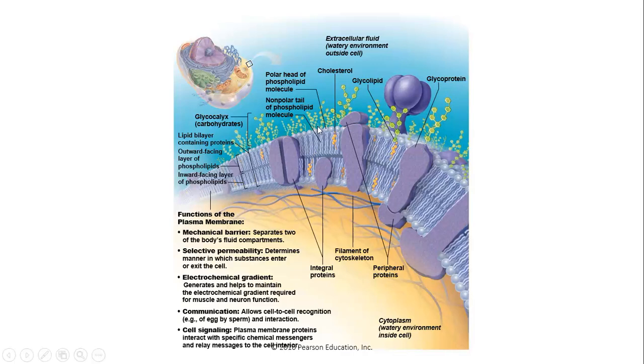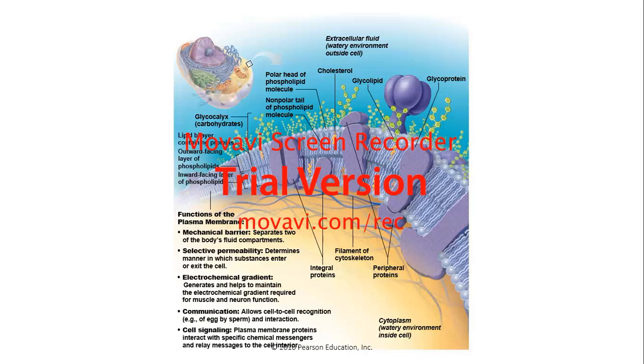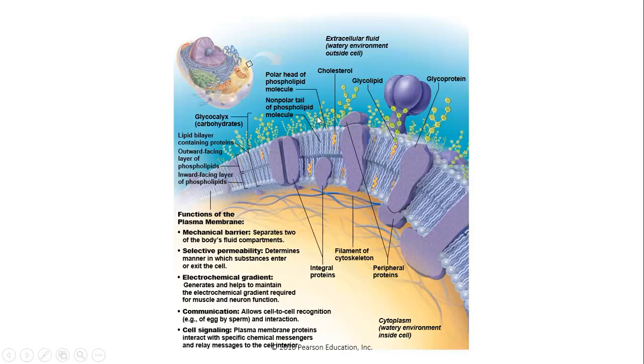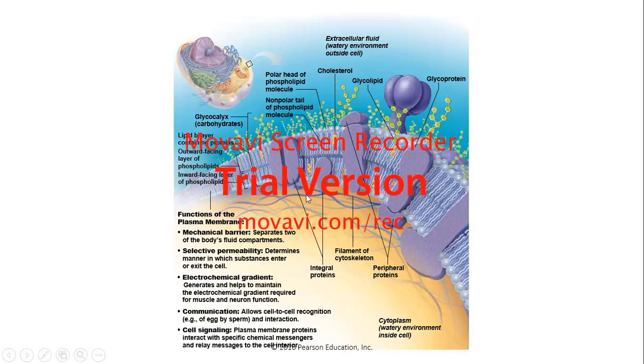But these phosphate heads, remember phosphate has a charge to it, so anything charged, water is going to like, okay? So the phosphate heads are hydrophilic. They like water. So this phosphate head part of the lipid bilayer is interacting with the extracellular fluid, and this part is interacting with the intracellular fluid of the cell, okay?